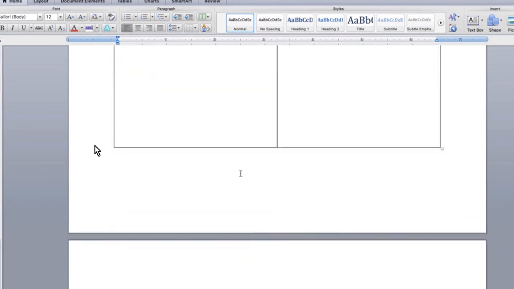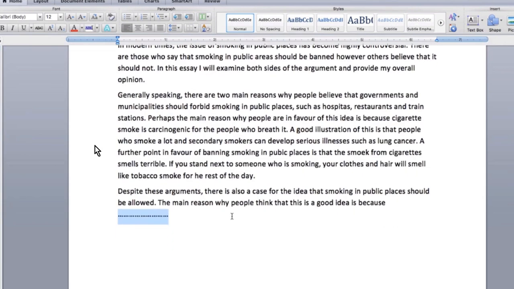Something about affect some business. Because it could negatively affect some businesses, such as bars, restaurants, and nightclubs.